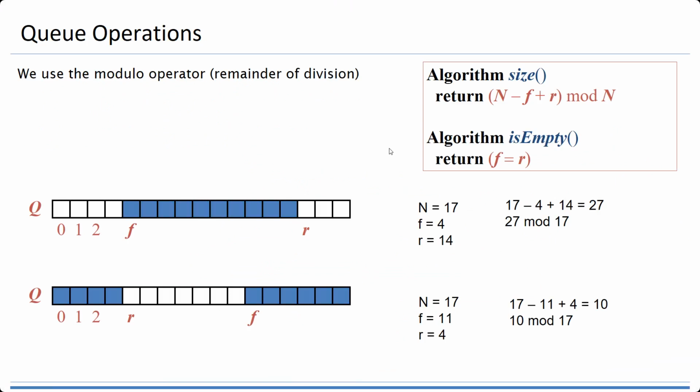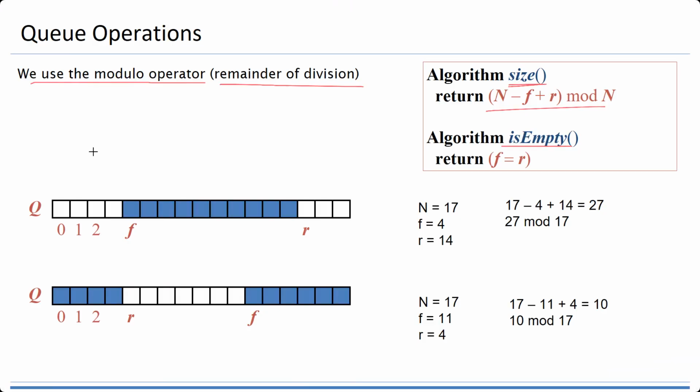In the queue operation, we need to know about the size and we need to check whether it's empty or not. In order to check the size, we can use this formula. So we use the modulo operator, or the remainder of division.